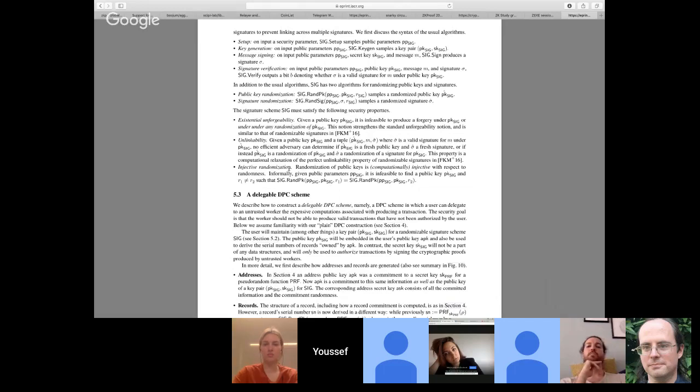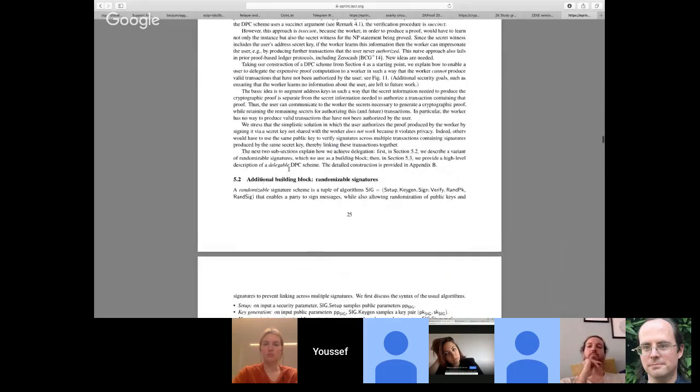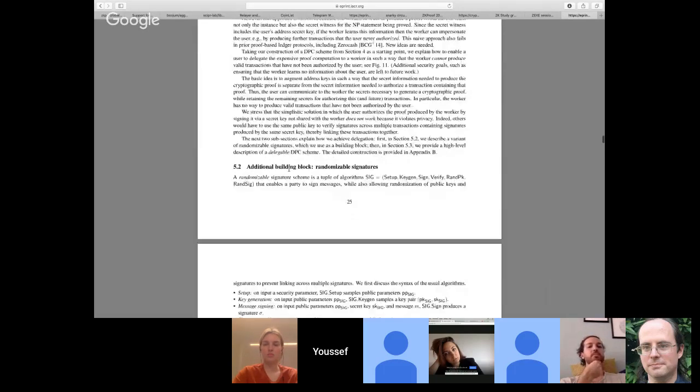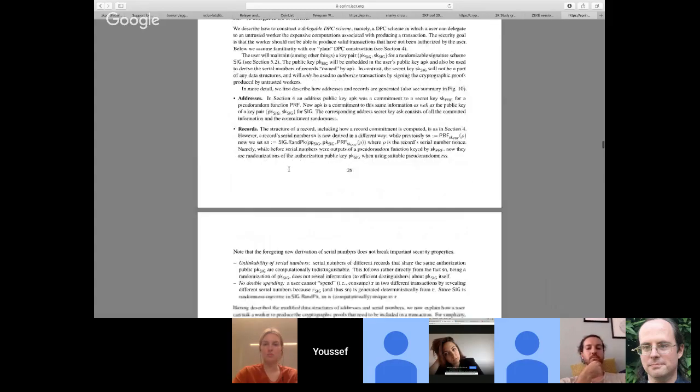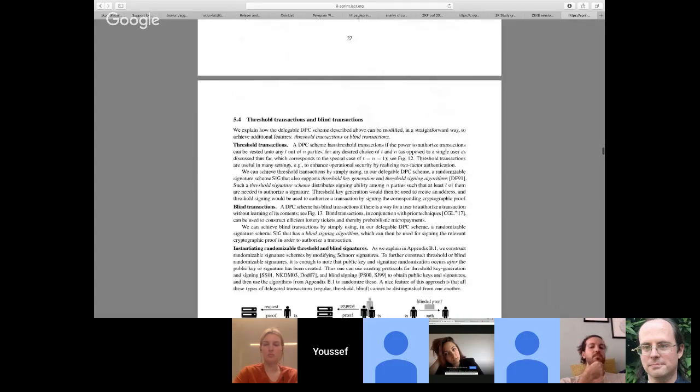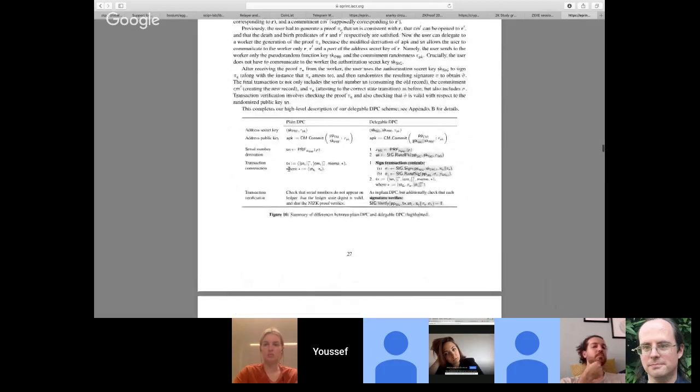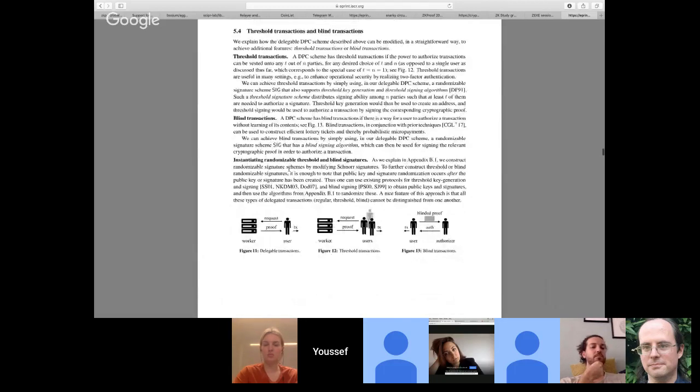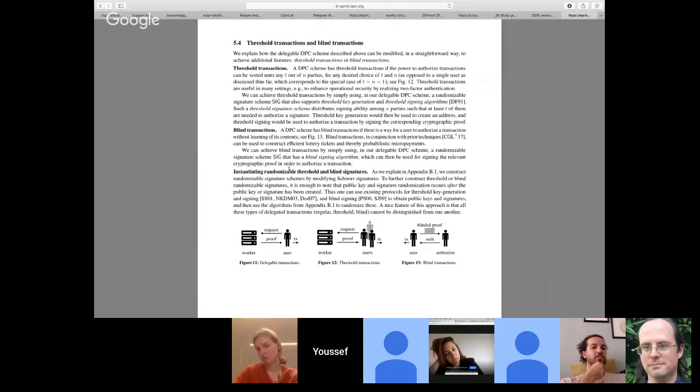This is what they explain in section 5, and then an extension of this section is 5.4, where this is now implemented, but it is like an idea. You can do threshold signatures or blind signatures, or threshold transactions or blind transactions. That boils down to using threshold signatures or blind signatures.